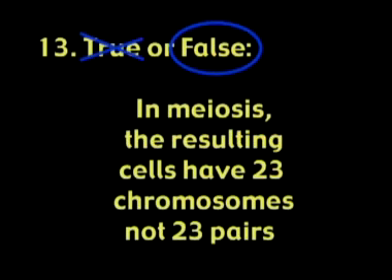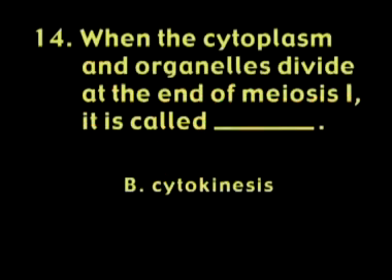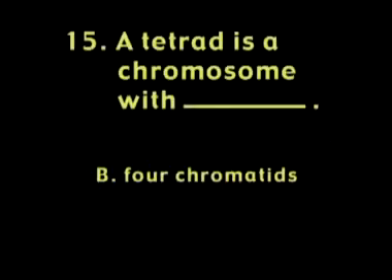In meiosis, the resulting cells have 23 chromosomes, not 23 pairs. Question 14. B. Cytokinesis is when the cytoplasm and organelles divide at the end of meiosis I. Question 15. B. A tetrad is a chromosome with 4 chromatids.